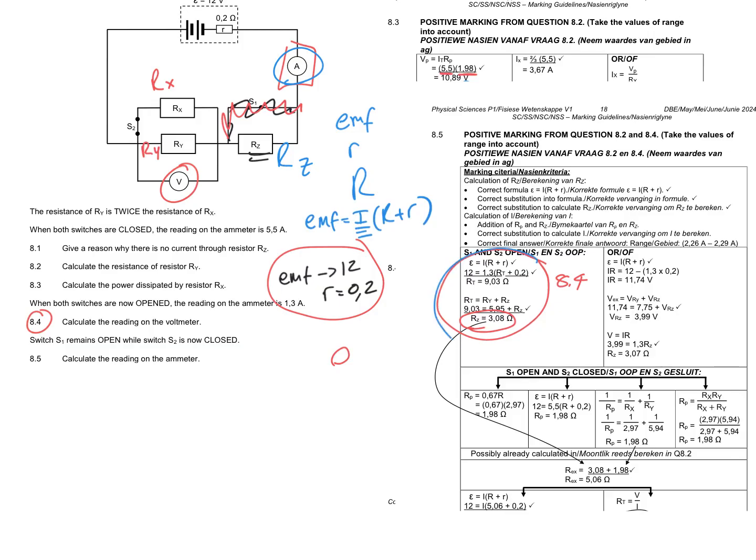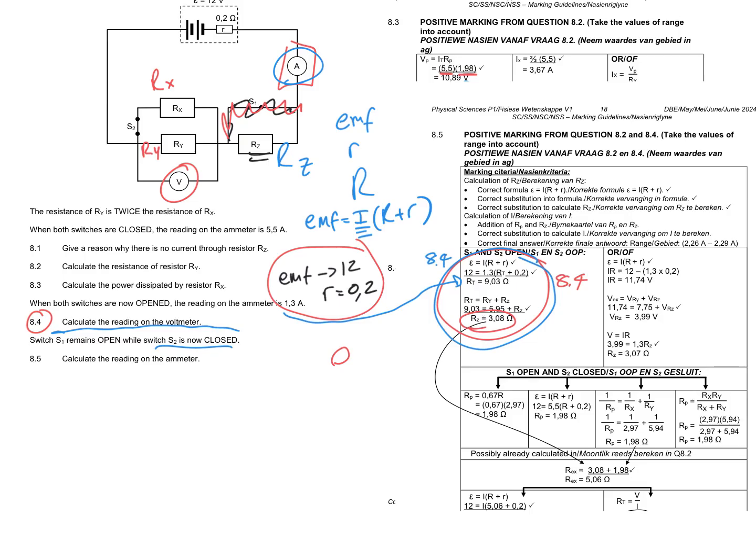These numbers here, what they have done is they've used this 1.3 because they used the numbers before switch S1 was opened and before switch S2 was closed. So they used the numbers from 8.4 in order to work out the resistance of RZ.